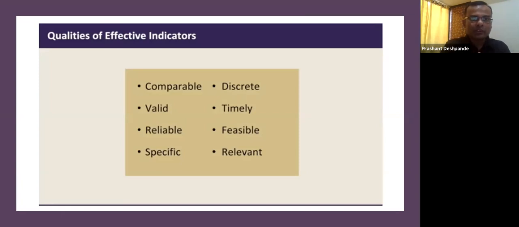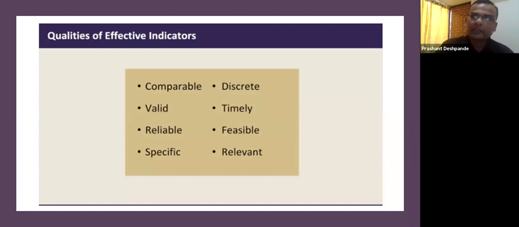We cannot invent newer indicators every time. If we are planning to implement a project, let us see what similar indicators have been used by others, or by us in the past. We should not narrow our indicators too much or have so much uniqueness that we cannot compare. That is the meaning of comparable indicators.